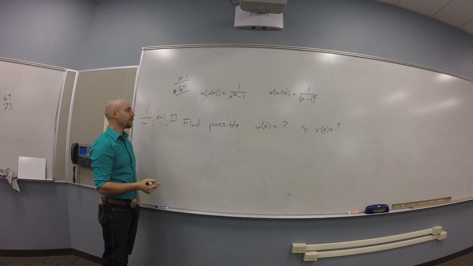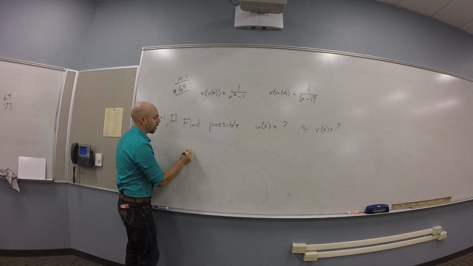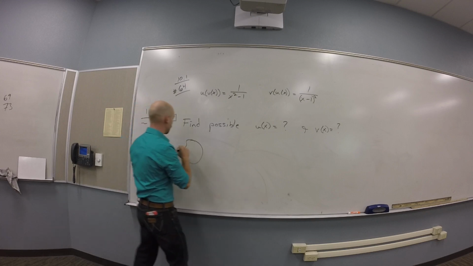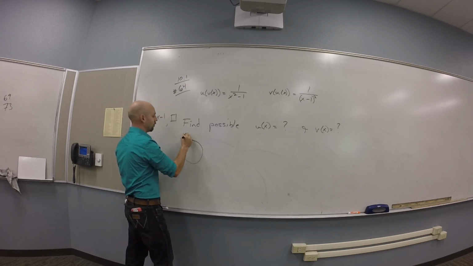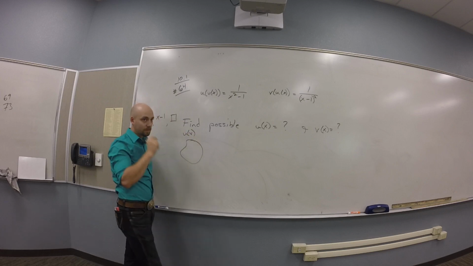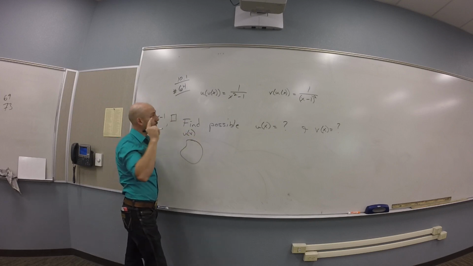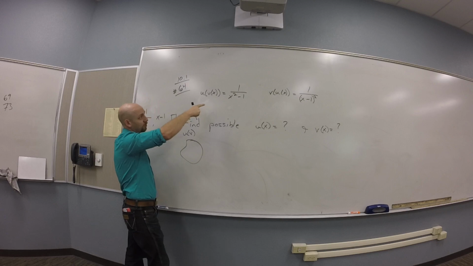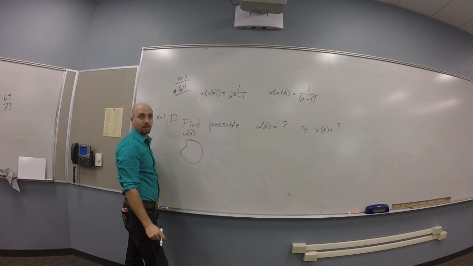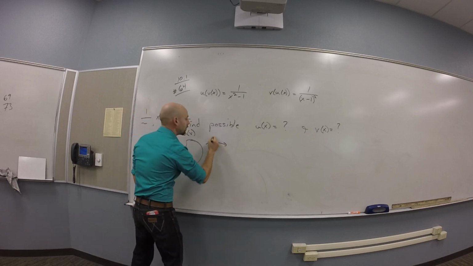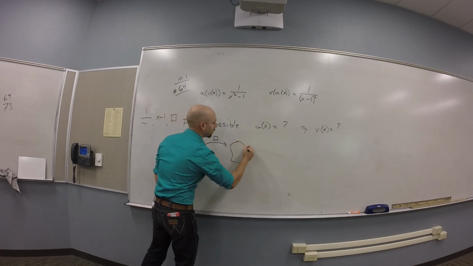So one thing we could do is just draw the 2 diagrams. So this is going to be u done to v. What's the first thing you do in u done to v? Square first. You've got step 1, squaring.